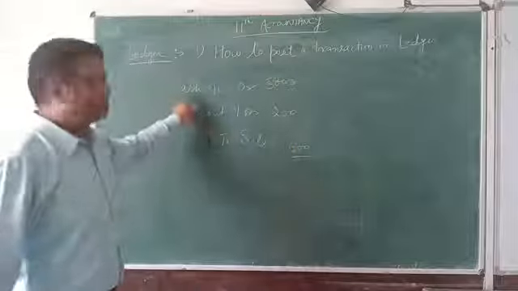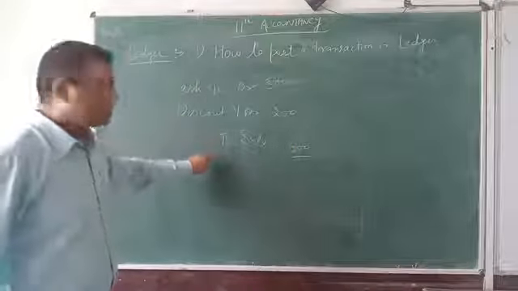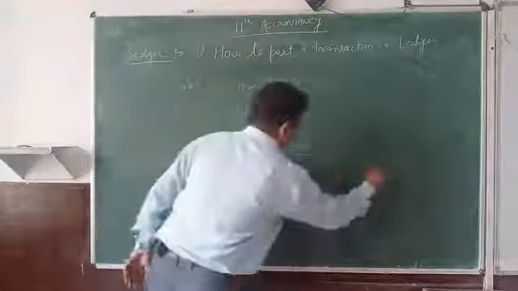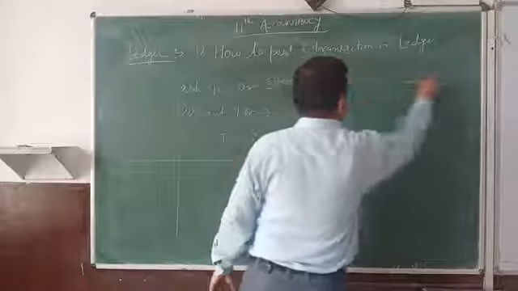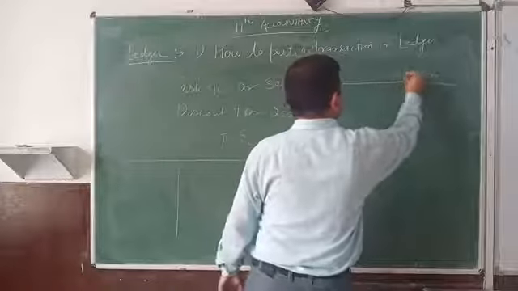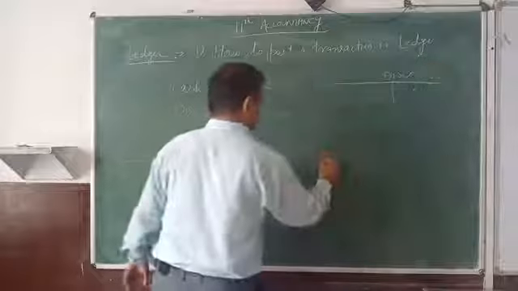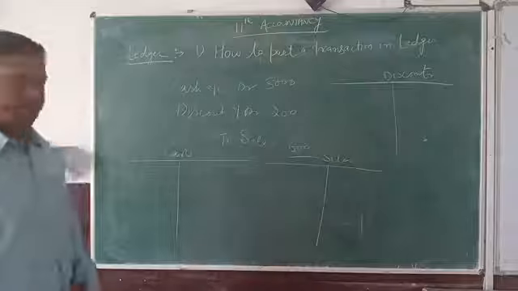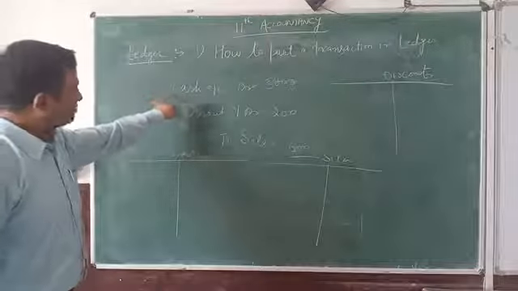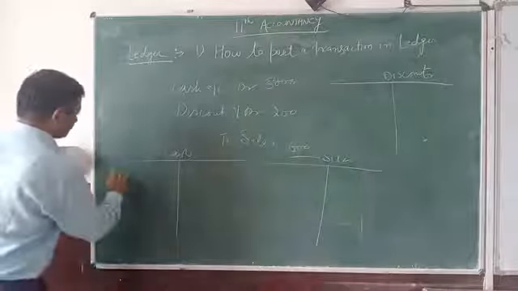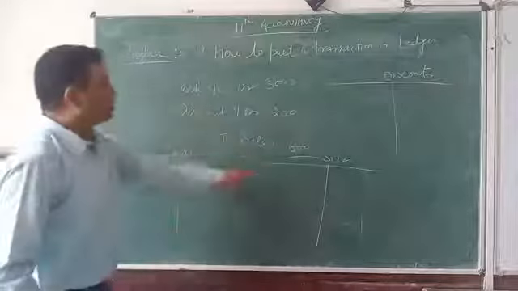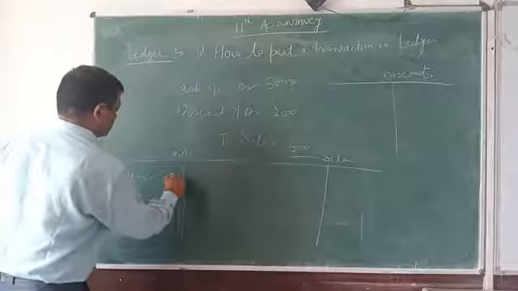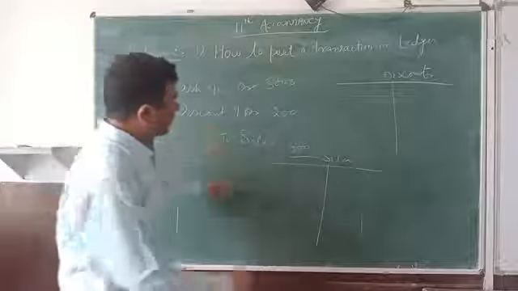Here three accounts are involved: cash, discount and sales. I will make all these accounts simultaneously: cash, sales, discount. In cash you have to record to sales, but the amount will not be 6,000, it will be 5,800. In discount, again to sales.